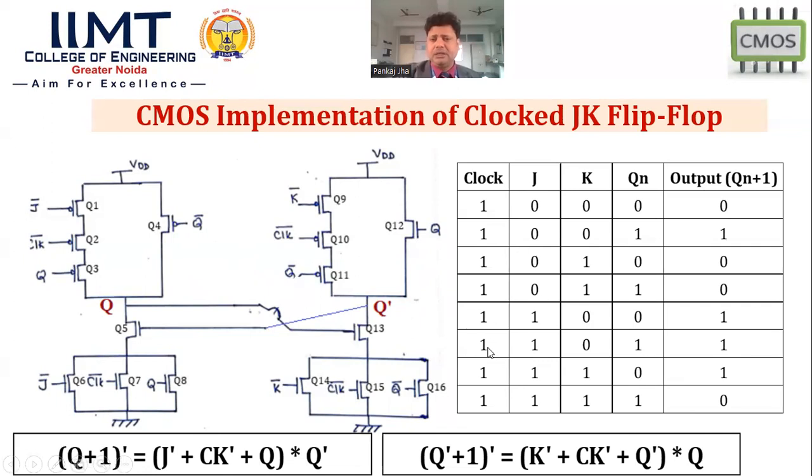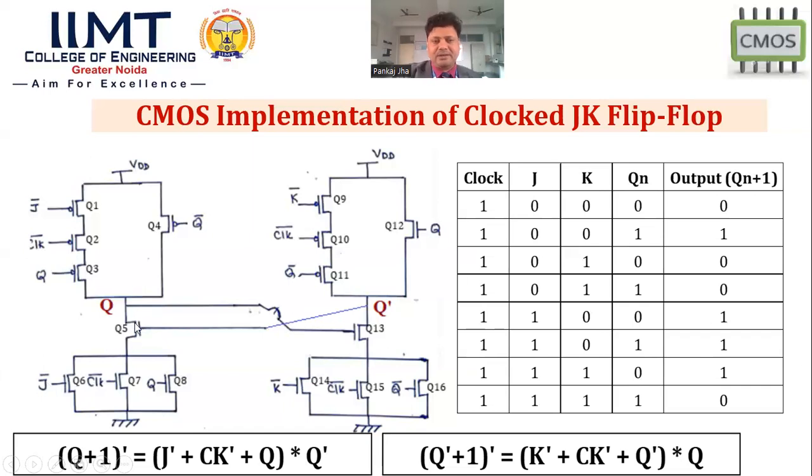So let's suppose I have taken this example: 1, 0, 1. That means J is 1, okay, K is 0, and Qn is 1. So if this is 1, okay, Q bar will be 0. So if Q bar is 0, that means Q5 will be in cutoff mode.